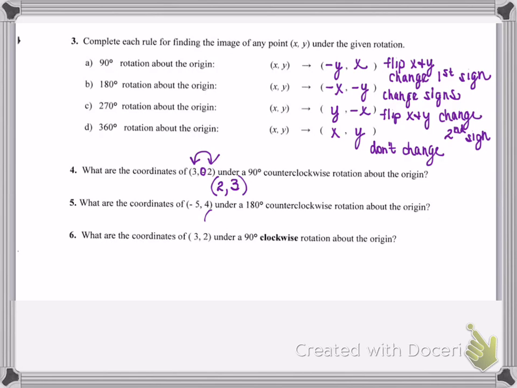So that makes +5, -4, your ordered pair. For 3, 2 under a 90-degree clockwise rotation, you are going to switch the x and the y, and you're going to take the opposite of the old x. So this is going to be at 2, -3.